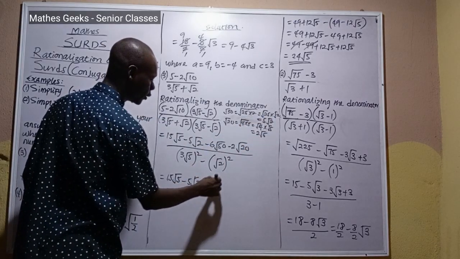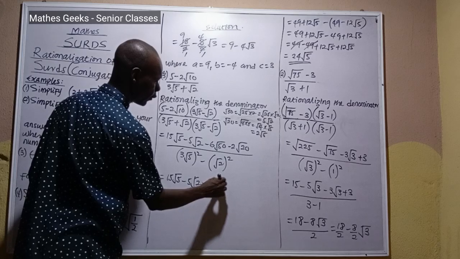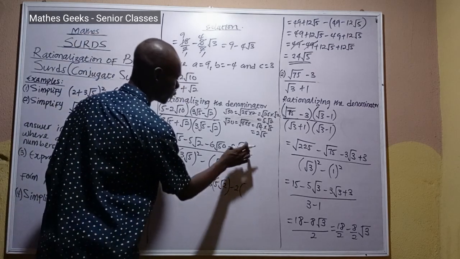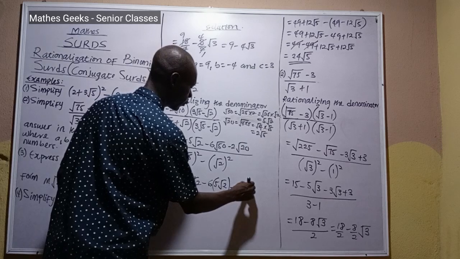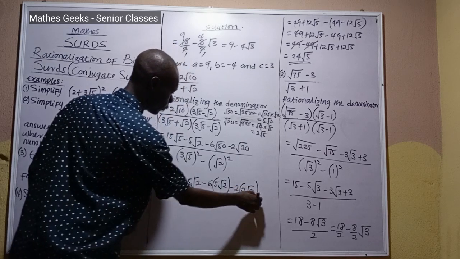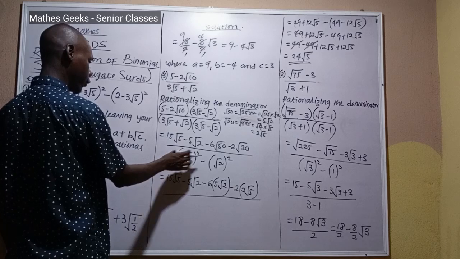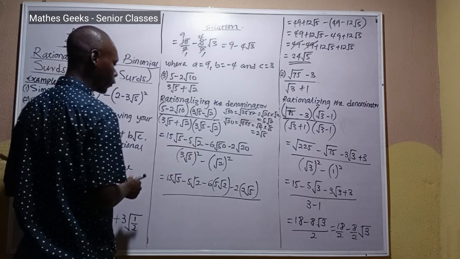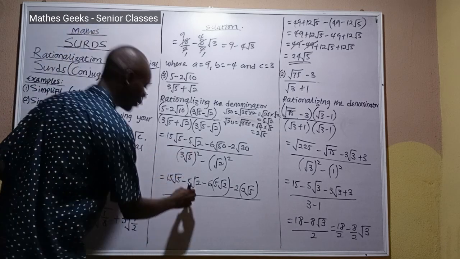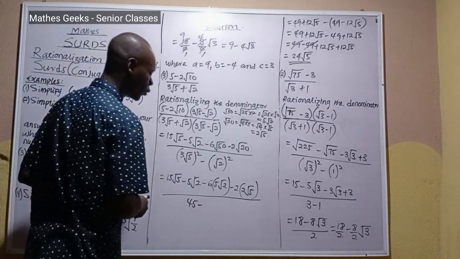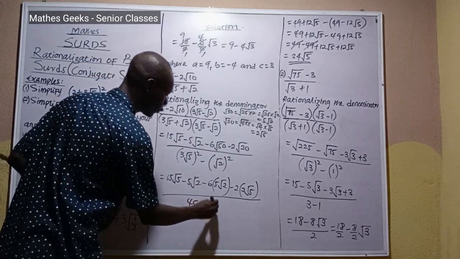So that's 6 minus 6 times 5 root 2, right, like this. Minus 2 root 20 is 2 root 5, so 2 root 5 over 3. The square of 3 is 9, and the square of root 5 is 5. So 5 times 9 is 45 minus the square of 2 is equal to 2.